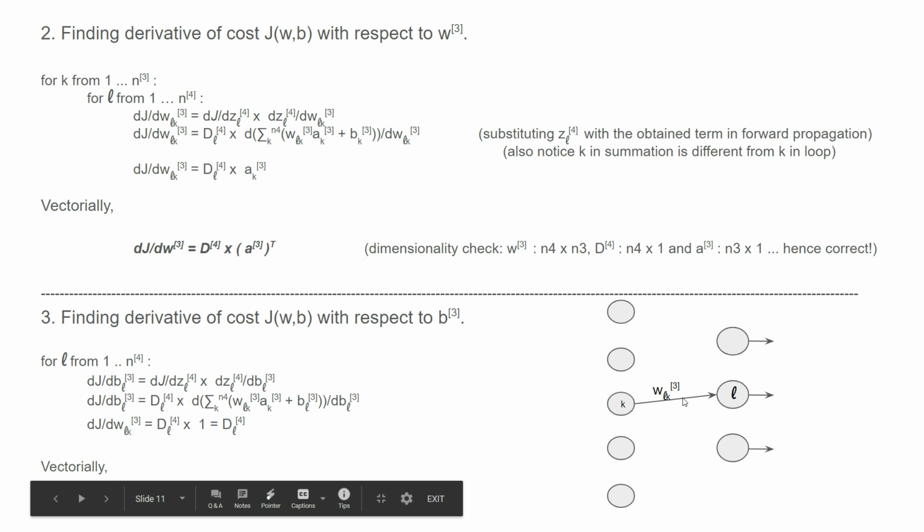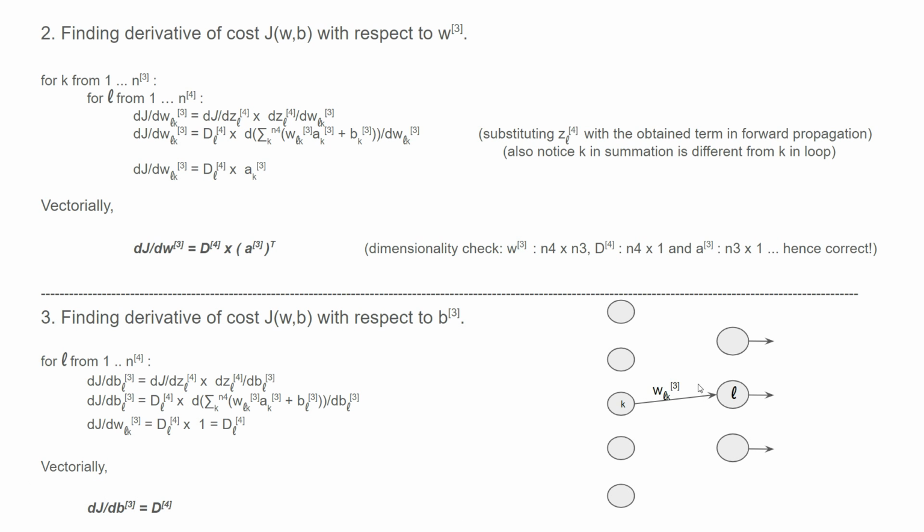Here, it is Wlk, that is the weight from the kth unit to the lth unit, and we want to differentiate Zlk with respect to Wlk.